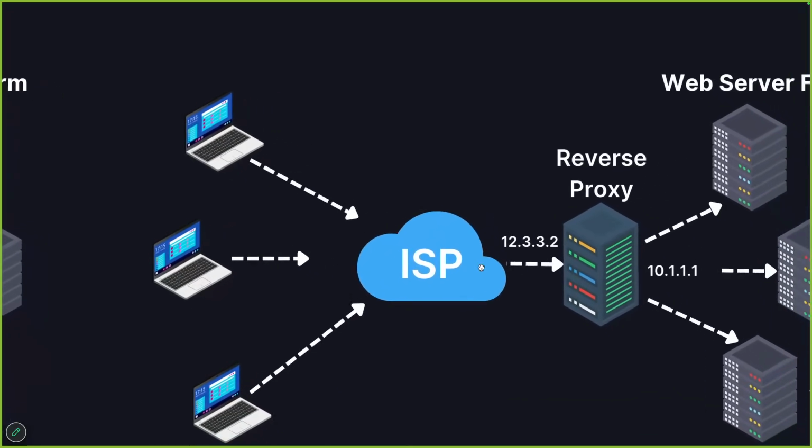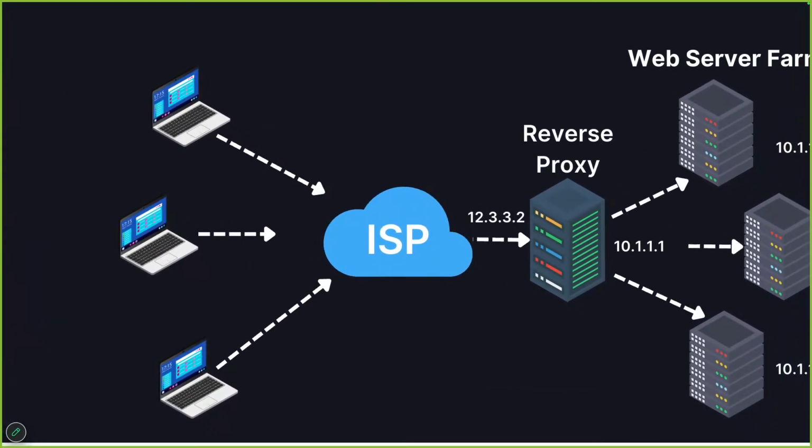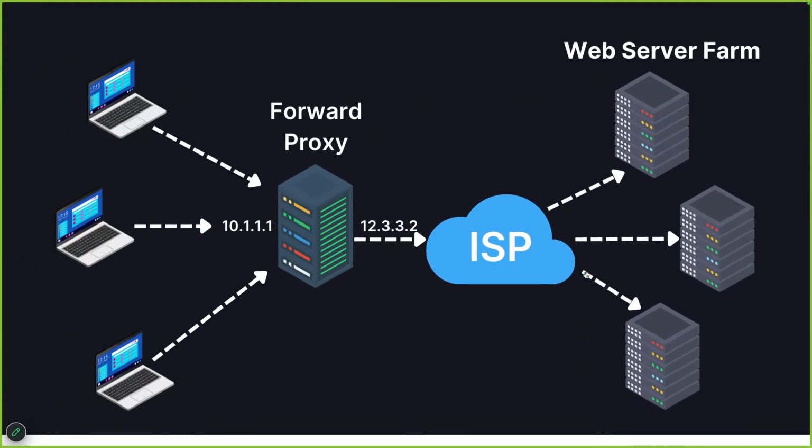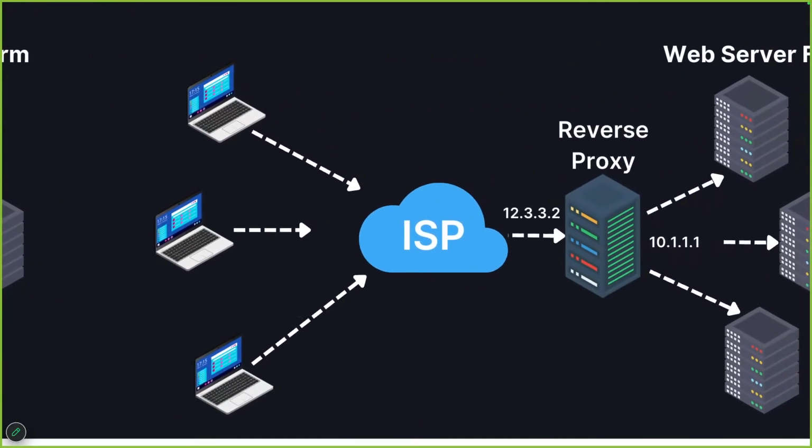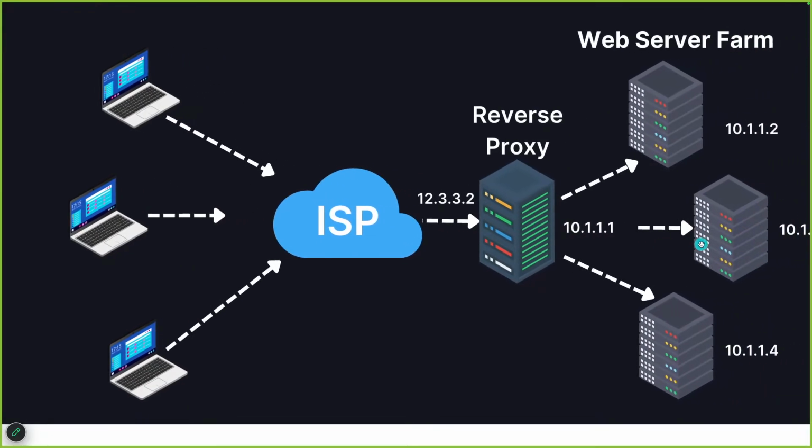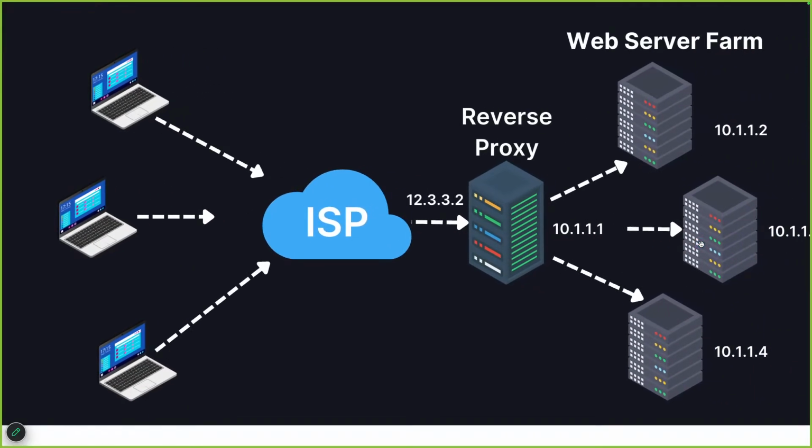Reverse proxies do pretty much the same thing, except it's going to be sitting in front of the web server farm, instead of the forward proxy, which is going to be sitting client side, okay? So that reverse proxy is sitting in front of your web server farm. Now this could be your cluster of containers running web applications, whatever the case may be.